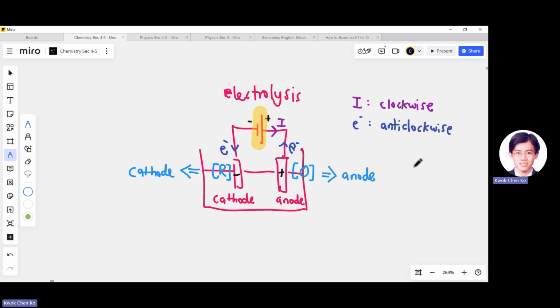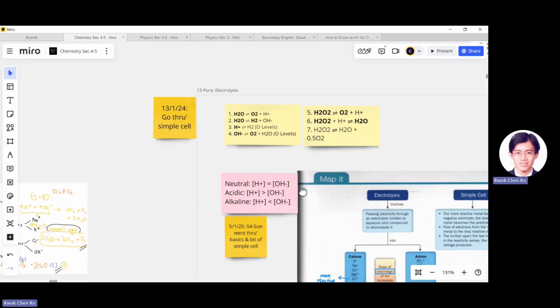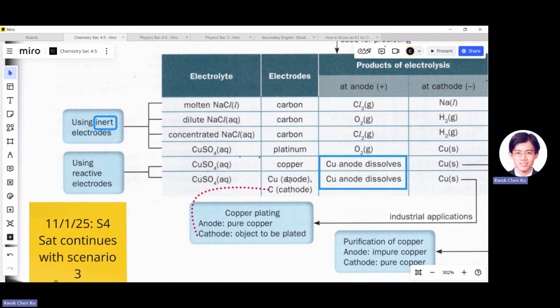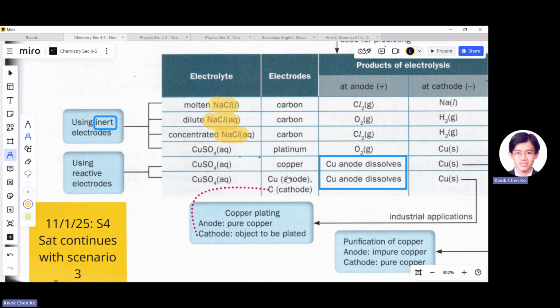In fact, if you look closely at the 6 situations I've given you here, can you group them together? You notice this is sodium chloride, sodium chloride, sodium chloride, copper sulfate, copper sulfate, copper sulfate. So you can loosely group them into 2 groups, sodium chloride versus copper sulfate.